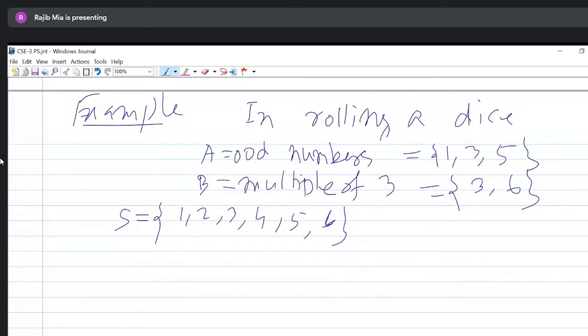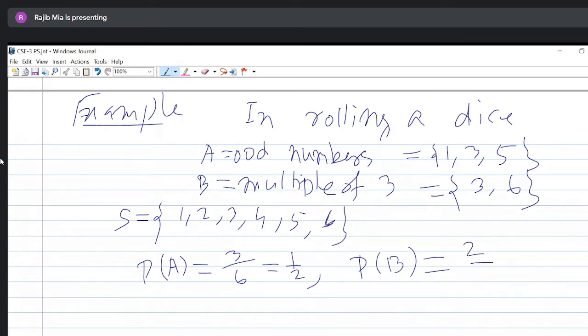So probability of A, number of outcomes in A is 3, total number of outcomes is 6, that is half. And probability of B, number of outcomes in B is 2, divided by total number of outcomes 6, so one by 3.